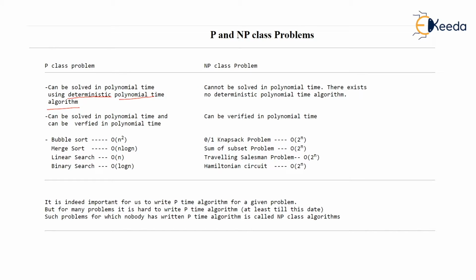Now, I find this word quite funny. You may blame me later on if you don't find it funny. But what do you mean by deterministic is that suppose you have written some algorithm. Say these lines are some algorithm.